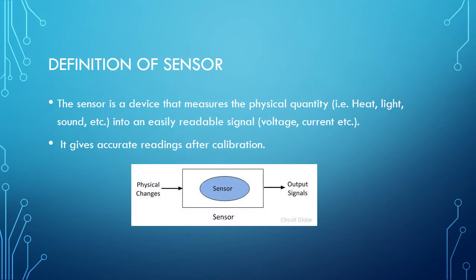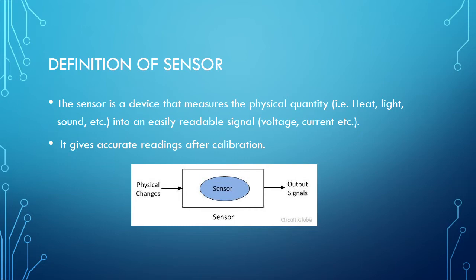Now let's see the definition of sensor. The sensor is a device that converts a physical quantity, that is heat, light, sound, etc., into an easily readable signal like voltage, current, etc. It gives accurate reading after calibration.